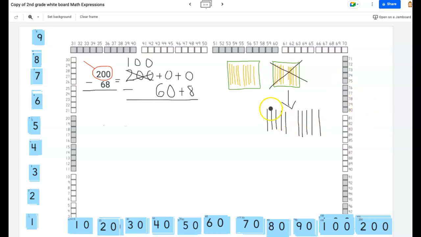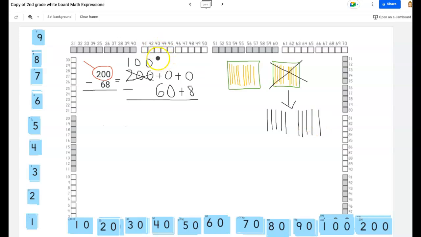And I took this group of 100 and I'm adding 10 tens to this number right here. So this is going to turn into 10 tens makes 100. 10, 20, 30, 40, 50, 60, 70, 80, 90, 100.